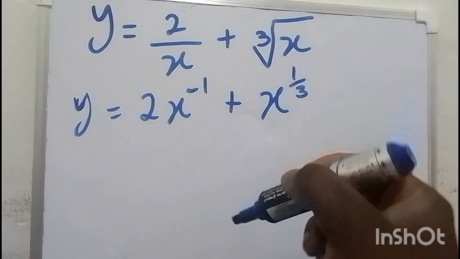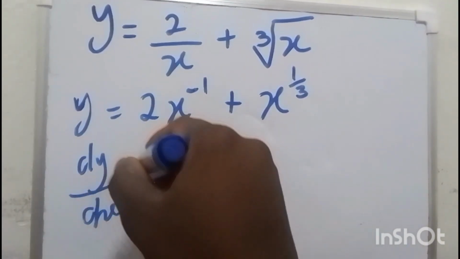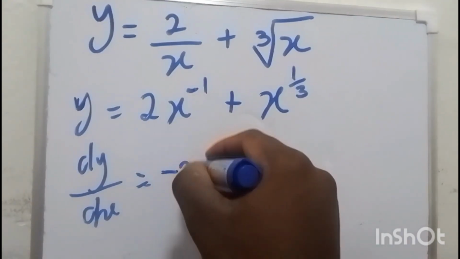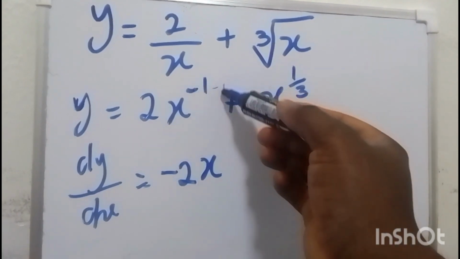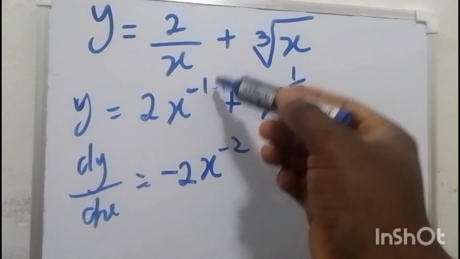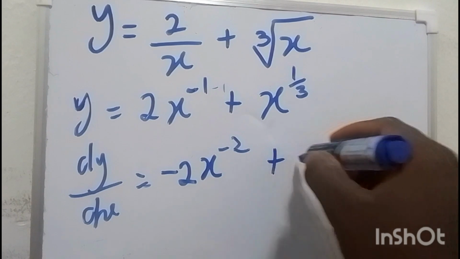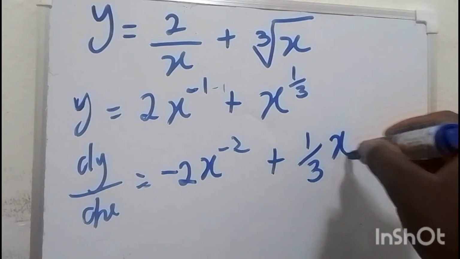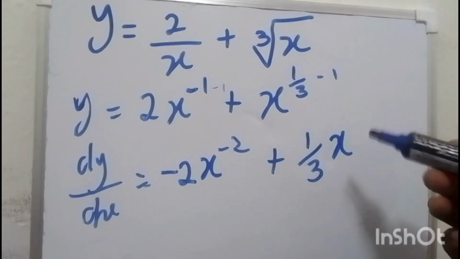So this one becomes 1 over 3. In this situation we can now differentiate y with respect to x. So negative 1 multiply 2 gives me negative 2x, negative 1 minus 1 gives me negative 2. You remember that we always subtract 1 from the power in differentiation. Don't forget that. Plus 1 over 3 multiply 1, which is 1 over 3 x, 1 over 3 minus 1.